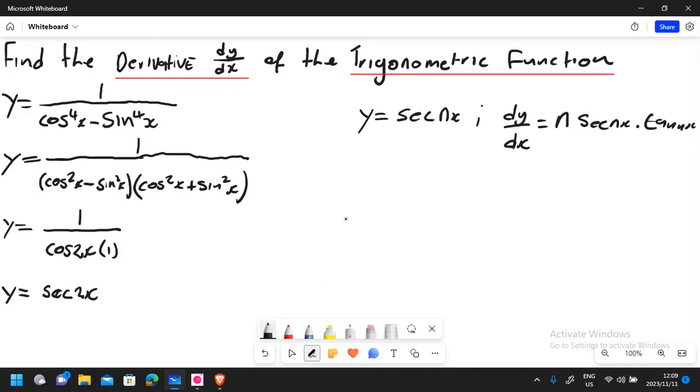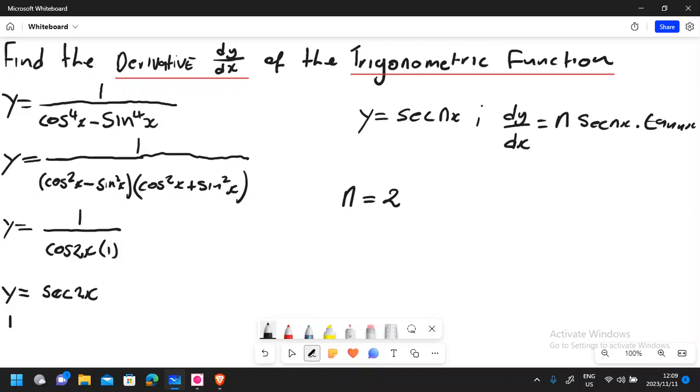All right, now we need to substitute this function here on our left into the dy over dx on our right. First of all, you need to write the unknown. The unknown here, fortunately, is only one, which is n, and n is going to be 2, because n is the coefficient of x.